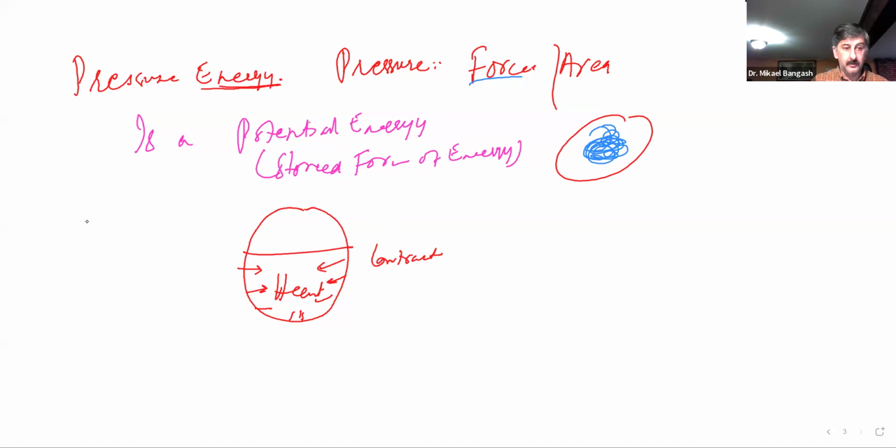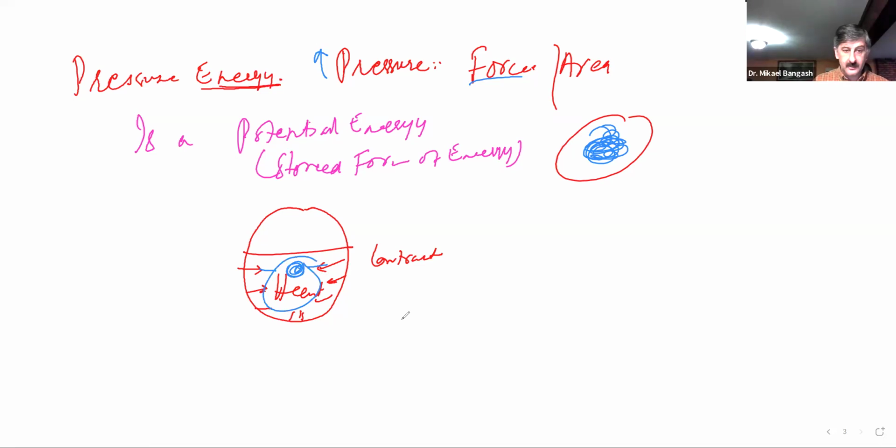What it will do is put a greater force onto the blood in that chamber. That increase of force means there will be an increase in pressure, where pressure becomes more and more as the heart chamber squeezes more and more.